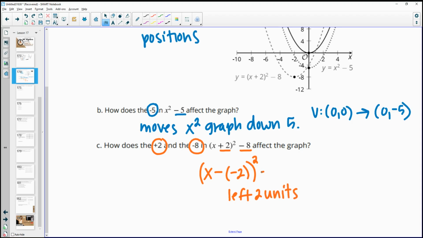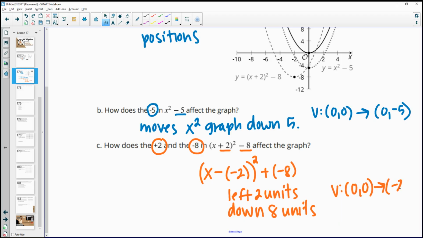And then that -8 is like a plus -8 out here, right? So that k value is -8. That's going to move it down 8 units. And again, this would mean that we're moving the vertex from (0, 0) to (-2, -8).